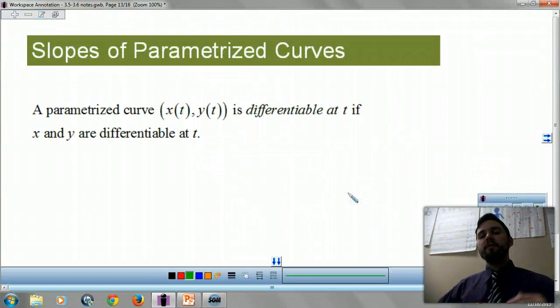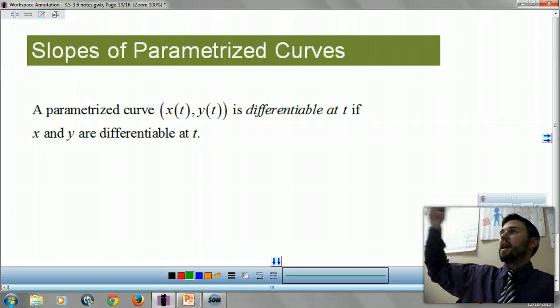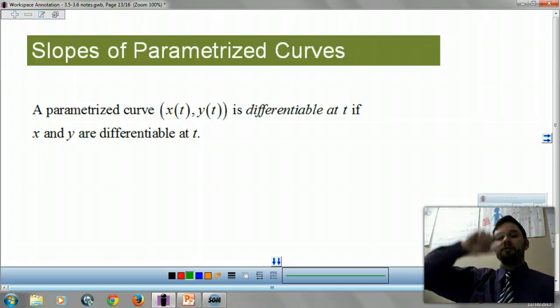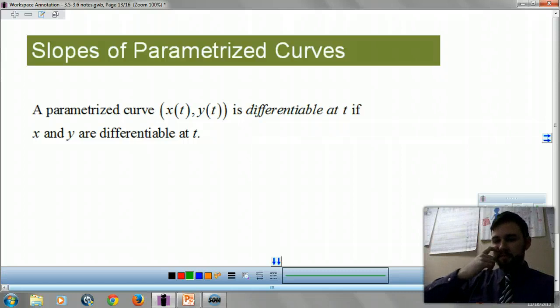A parametrized curve is one where you have an x of t and a y of t, so you have a particle that's moving with respect to time all over in 2 dimensions, and you want to find out what's going on.